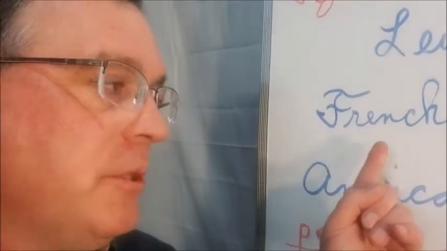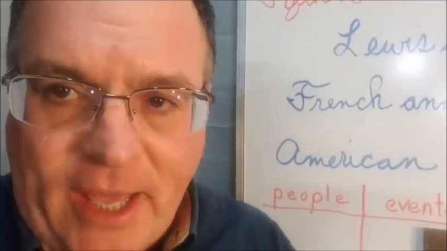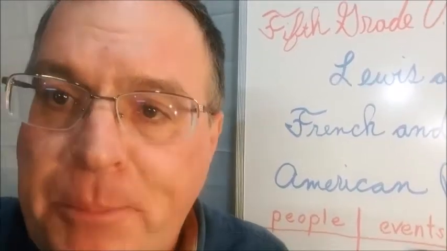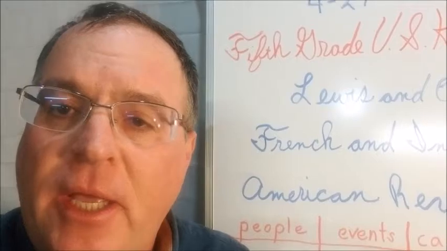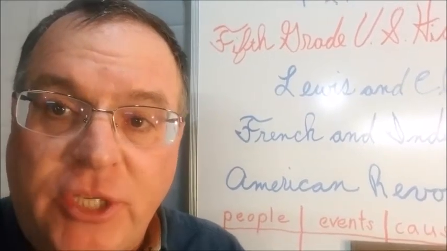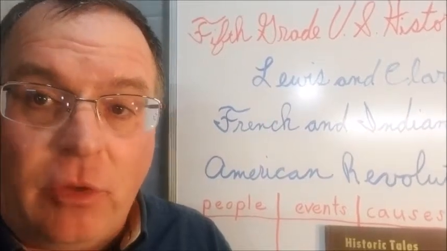Now, the French really had probably a more superior army in the world, and really were superior in land battles than the British. The British were the best with their naval powers.